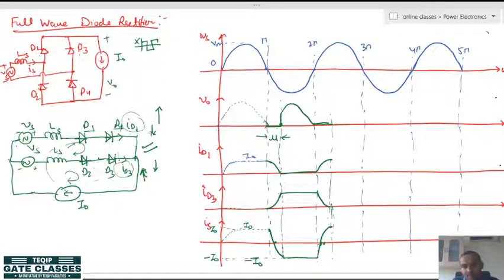Like this, and after that the source current will be plus I naught, diode D3 D2 current will be 0 and D1 D4 current will be plus I naught.